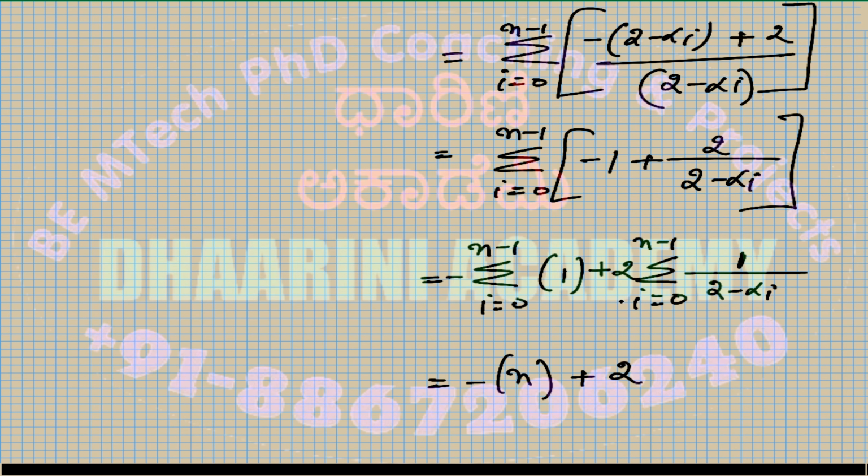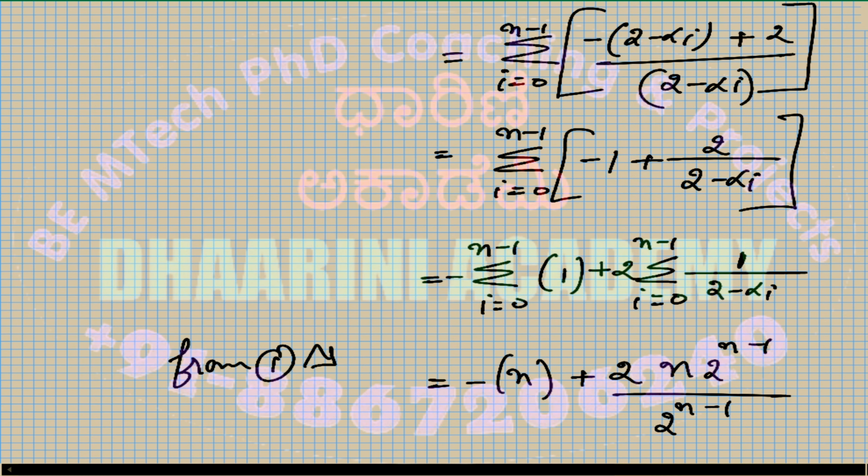So plus 2 times, write the remaining function. That is, this is already written, that is, I'm writing from equation 1. From 1 I am substituting. This part is equal to, you can see that this is n into 2 to the n minus 1 whole divided by 2 to the n minus 1.